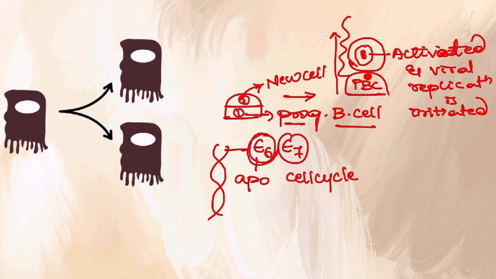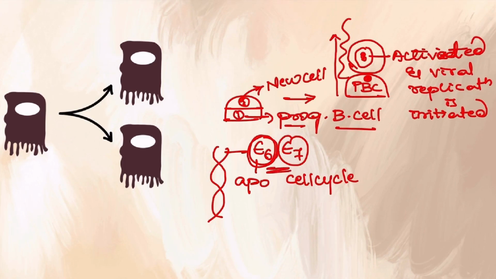So, this E6 protein is getting activated in the virus when the virus reaches the spinous layer. E7 is also getting activated when the virus reaches the spinous layer of the epithelium.